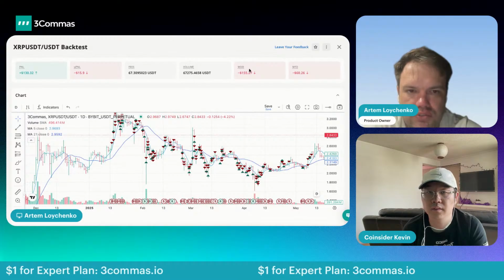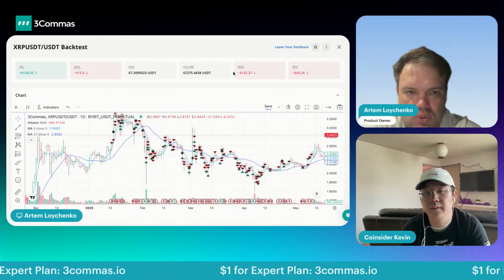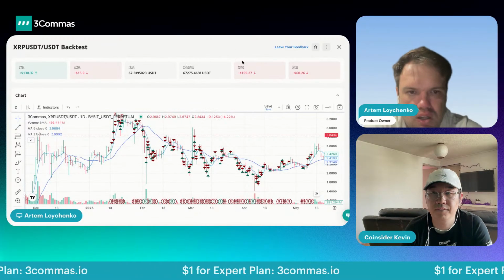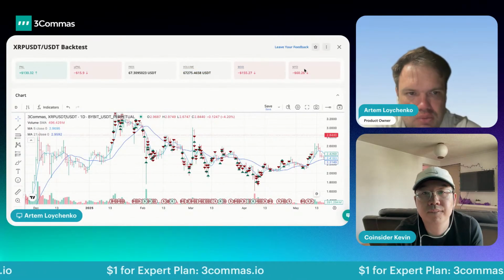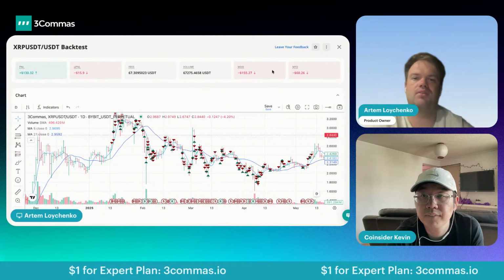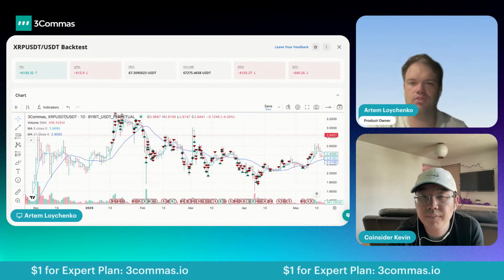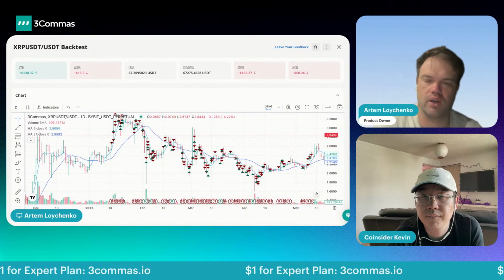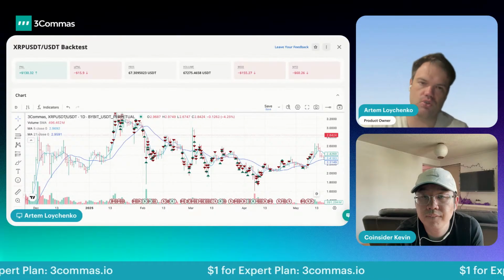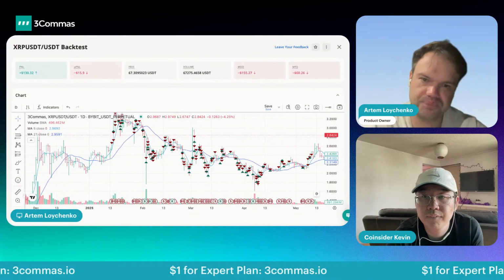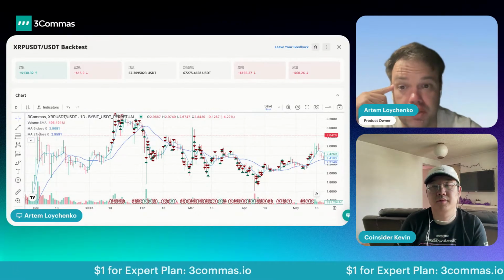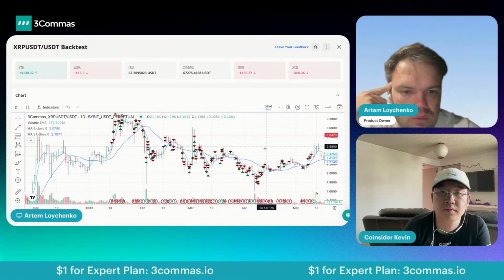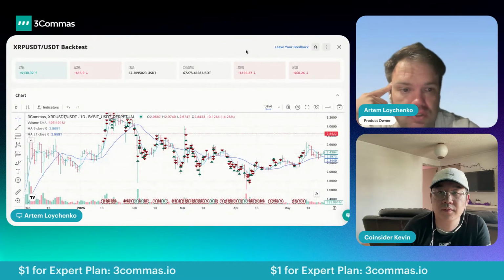The only thing I would ask everyone who would trade it to consider: since you can see the maximum drawdown here, and the maximum floating drawdown here, you must understand, when you're configuring the bot, how much money you have and how much leverage you use, so that you can withstand this potential maximum drawdown and not be liquidated. That's why we actually give you these figures.